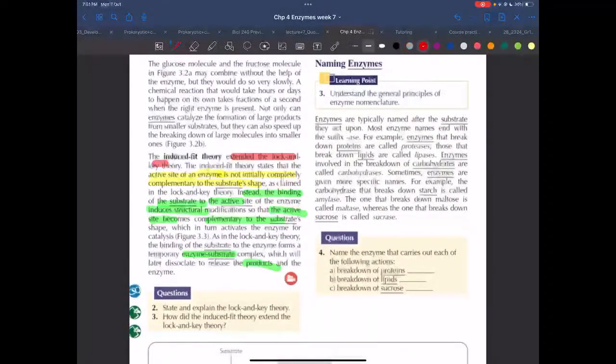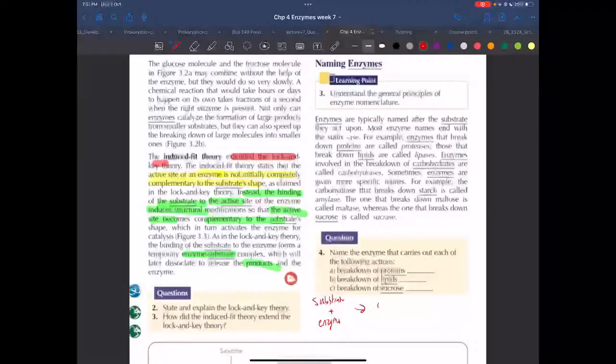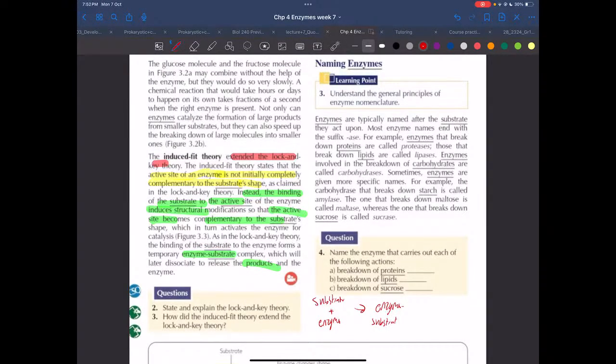Okay, so usually you have substrate plus enzyme, they bind to each other, they form an enzyme substrate complex, and then they form the products.